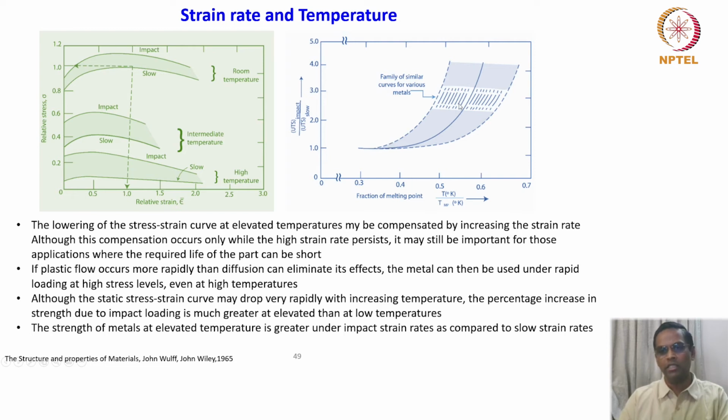Approximately, it suddenly goes up in the 40 to 50% of the melting point, that is 0.4 to 0.5 TM. Okay, this is the range. The response is quite significantly rising.